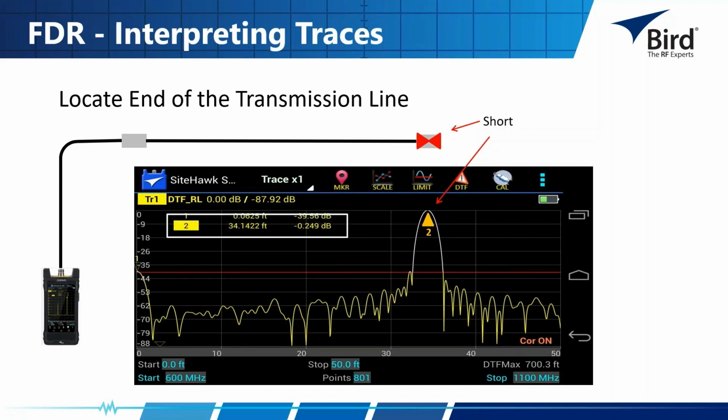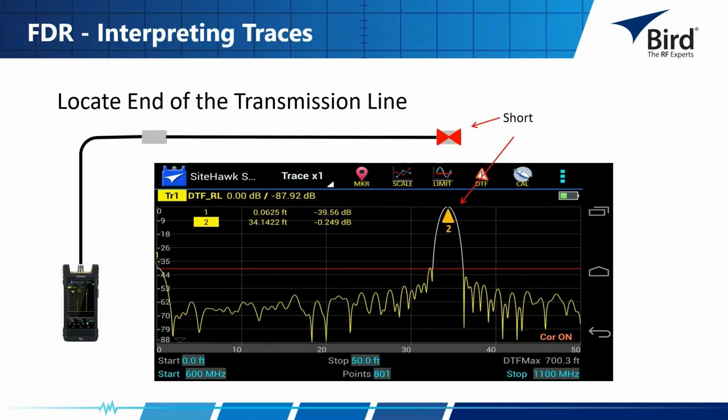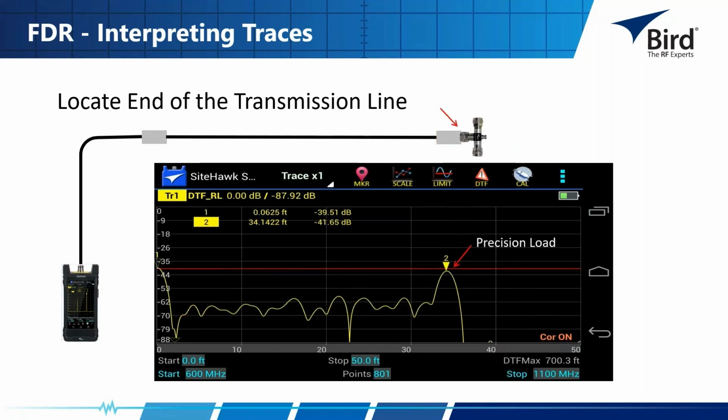And taking a look at the values for marker 2, 34 feet, 0.249 dB. Now, if you want to make sure that you really are at the point you're at, you can go out there and take that short, replace it with a precision load. And this is going to do two things.